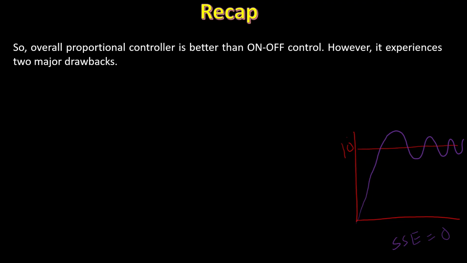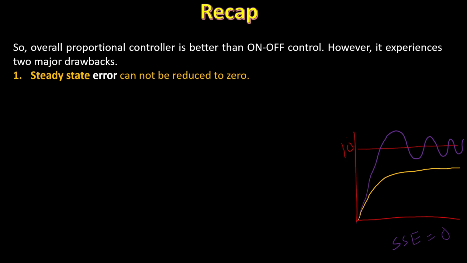However, in the case of the proportional controller, we have seen that if I use a Kp controller, there is an error initially, but if we increase the value of Kp, then somehow we can manage this error more. We can reduce this error. But again, there are two major problems with this Kp.